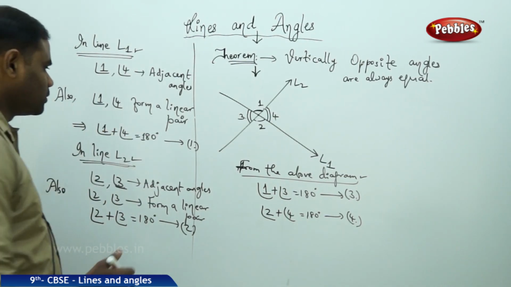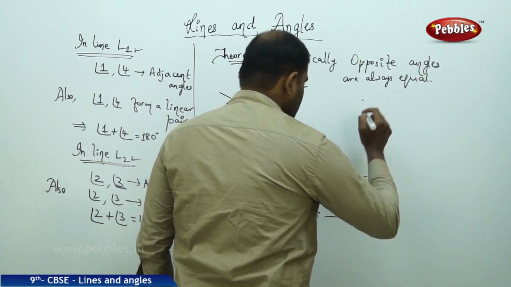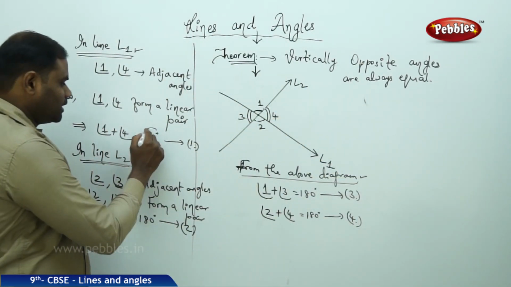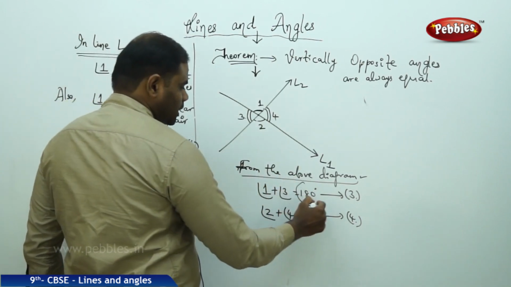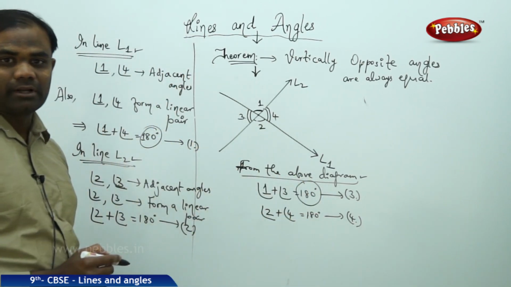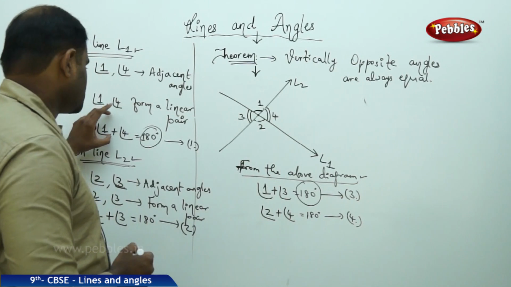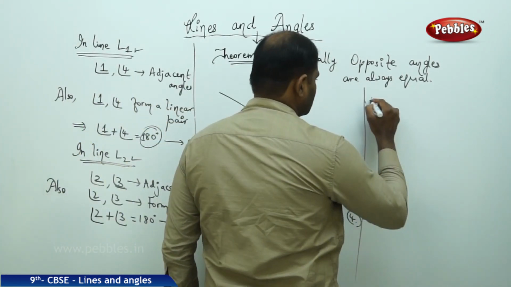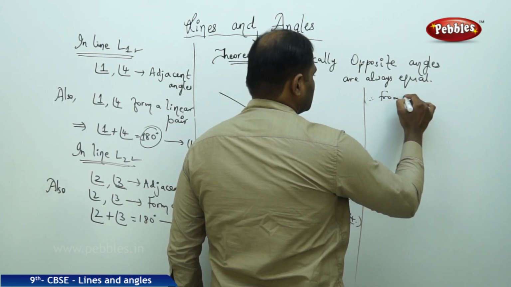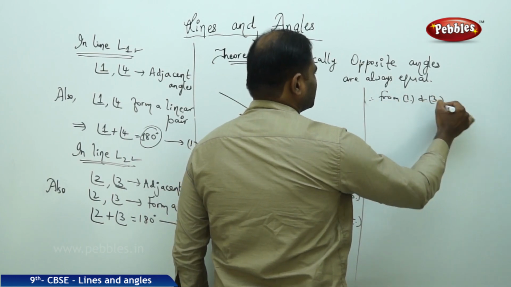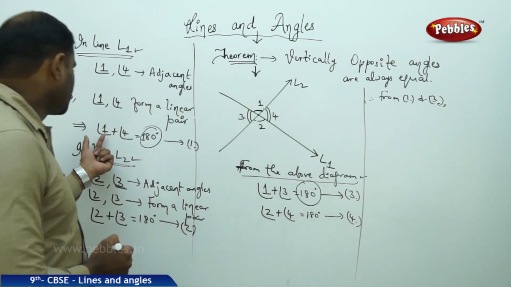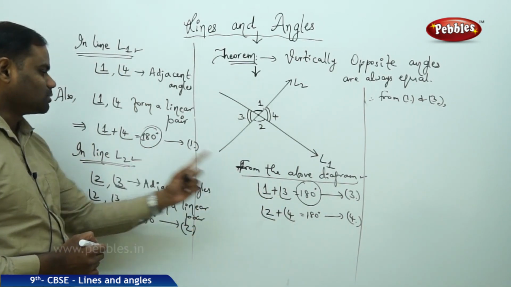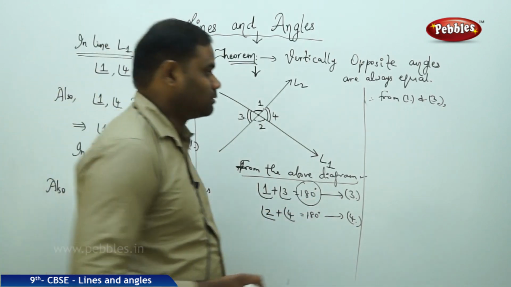From equations 1 and 3, I clearly see that the right hand side is 180 in both. By the transitive property, both the left hand sides must be equal. Therefore, angle 1 plus angle 4 is equal to angle 1 plus angle 3, because the right hand sides are equal.